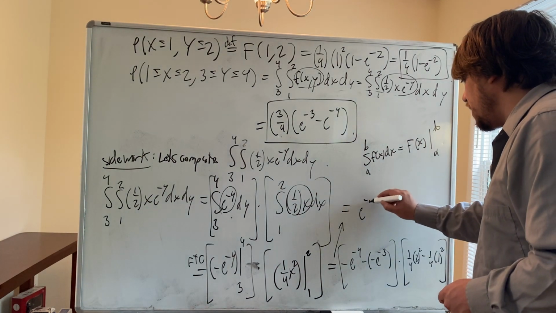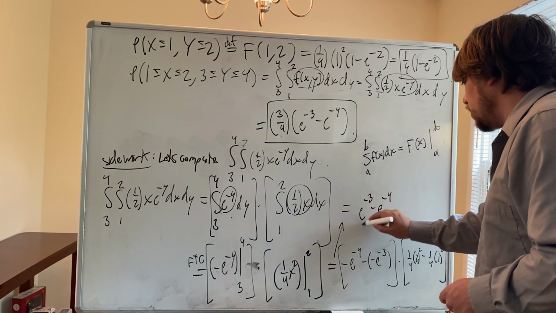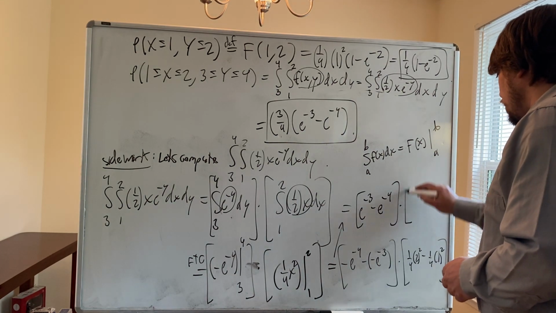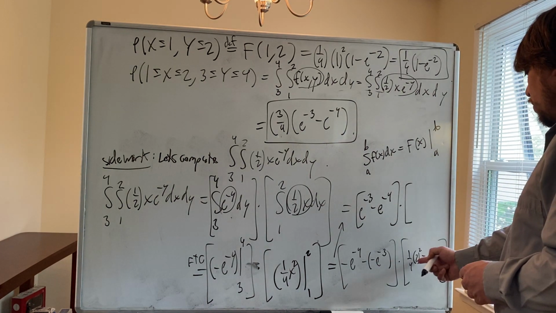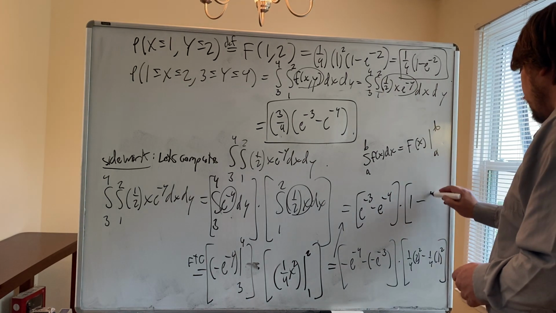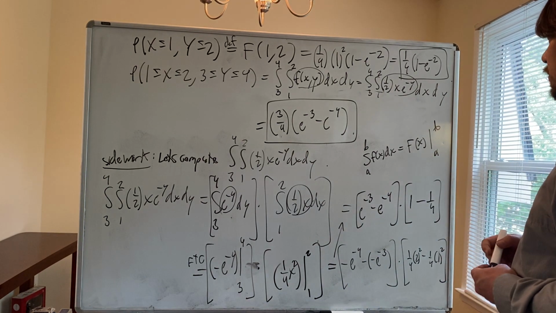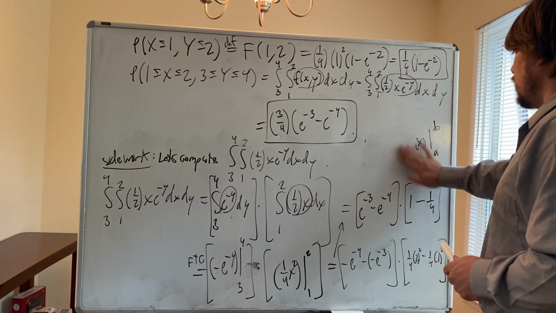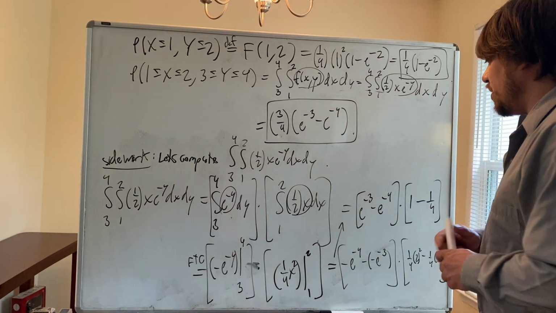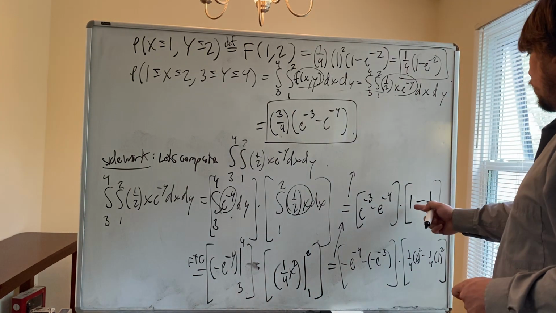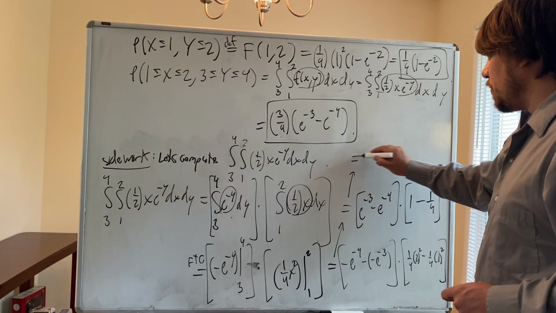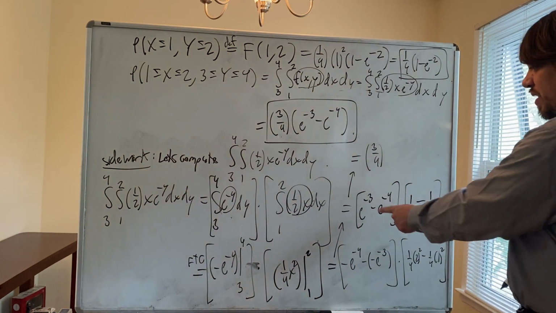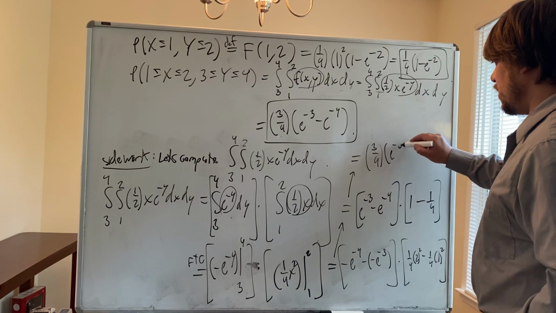So this is e to the negative 3 minus e to the negative 4, times, this is a 4 here, so 1/4 times 4 is 1, minus 1/4. And 1 minus 1/4 is 3/4, and then this is e to the negative 3 minus e to the negative 4.